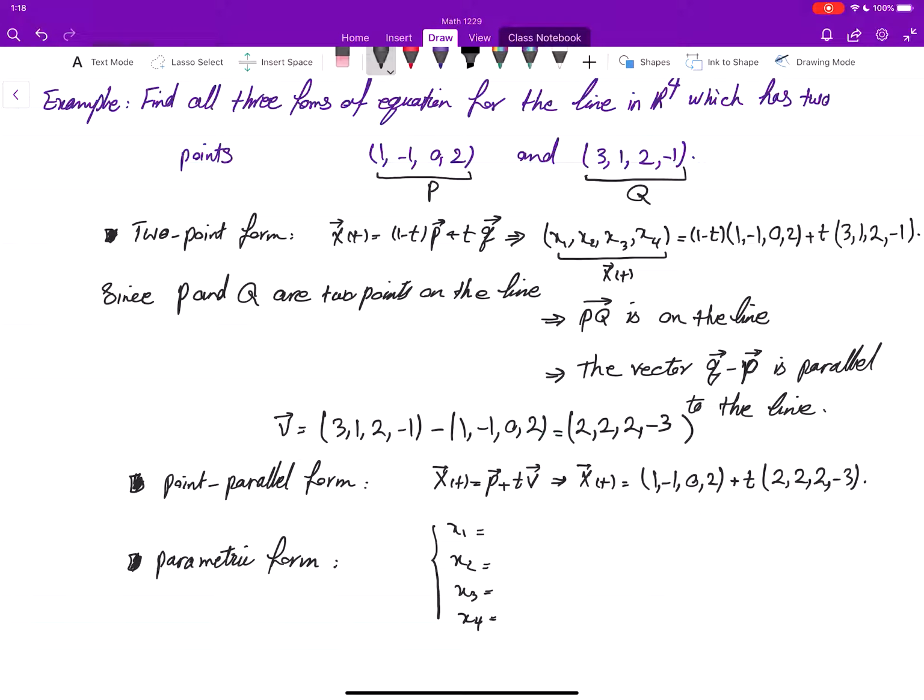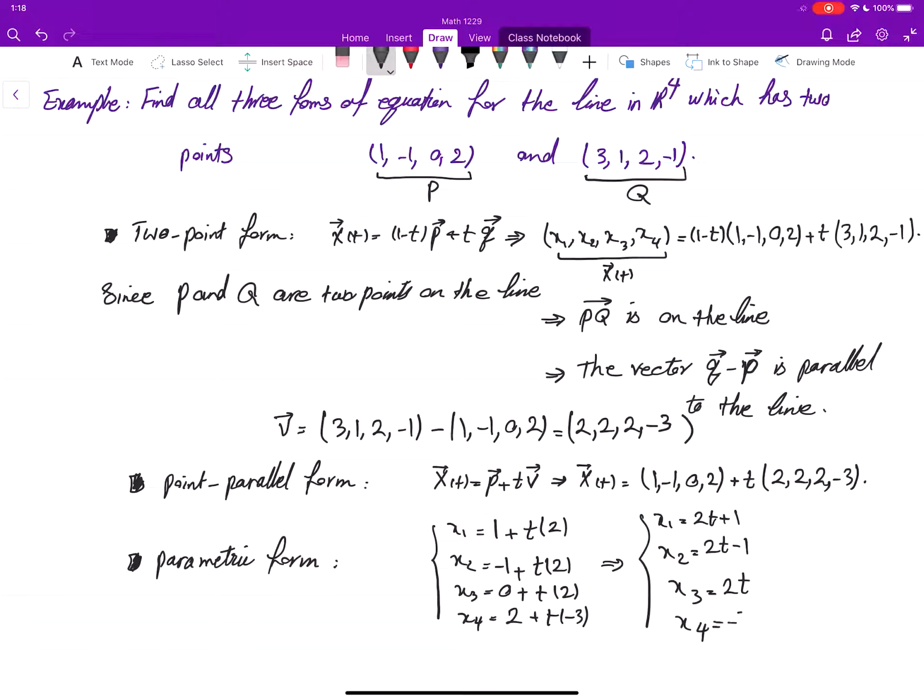This is equal to the corresponding component from P plus t times the corresponding component from V. Let me just simplify this. x1 is 2t plus 1, x2 is 2t minus 1, x3 is 2t, and x4 is negative 3t plus 2.